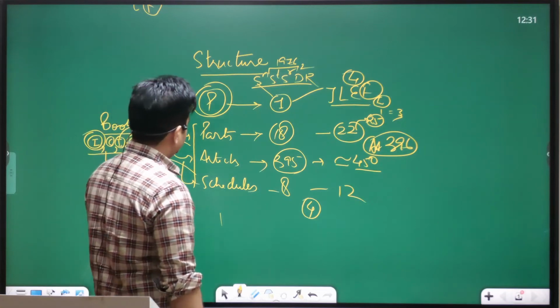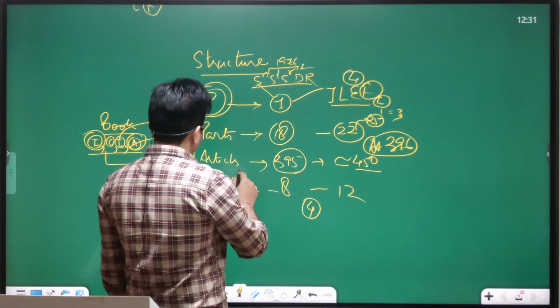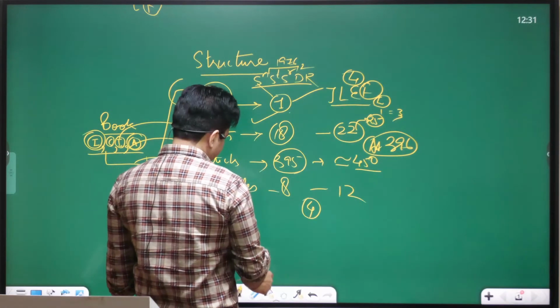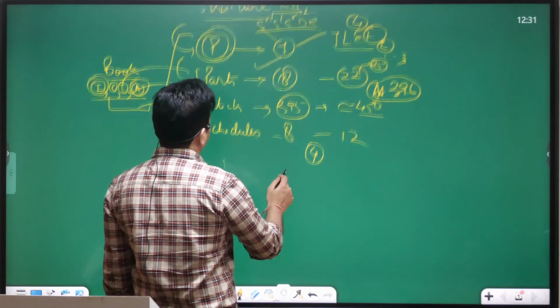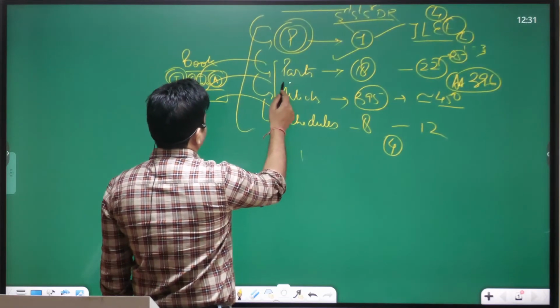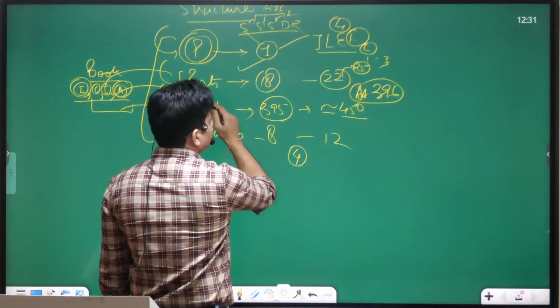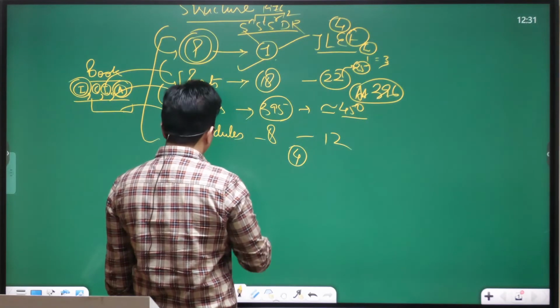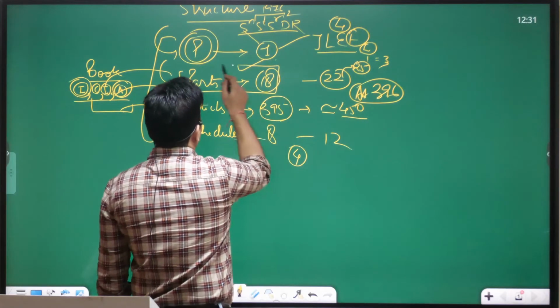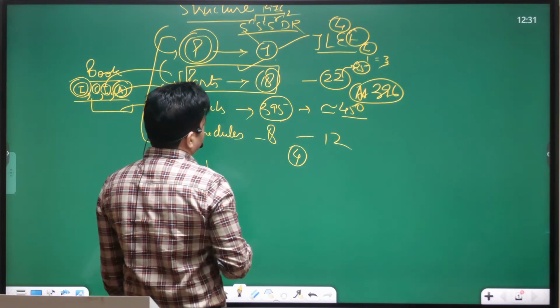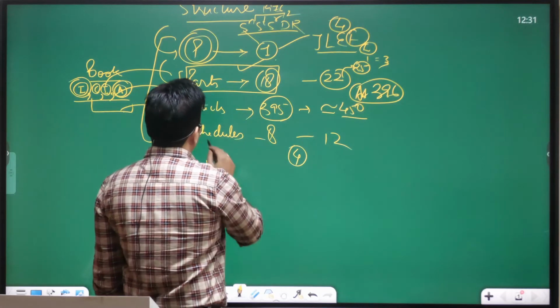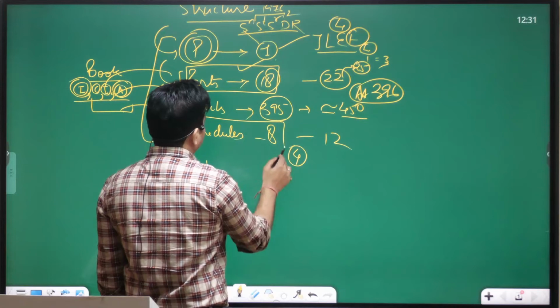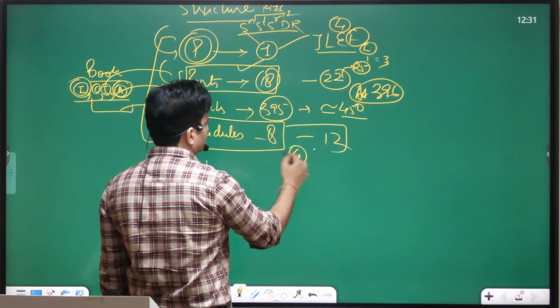Now in the preamble we will look at it separately. If we talk about parts, parts are to be seen as chapters that we will look into it in the detailed format. But there is a question, and after that we will be looking at the schedules, the 12 schedules.